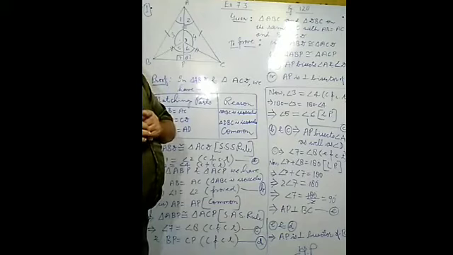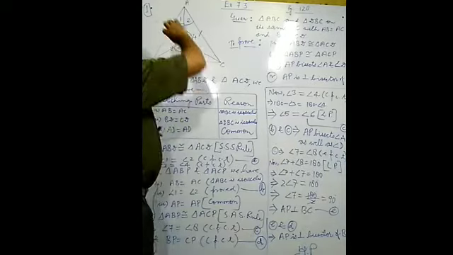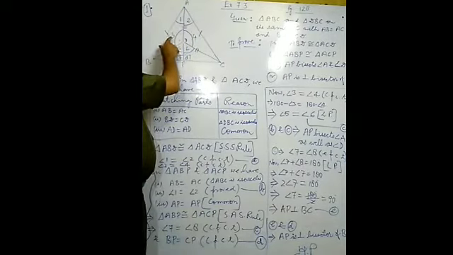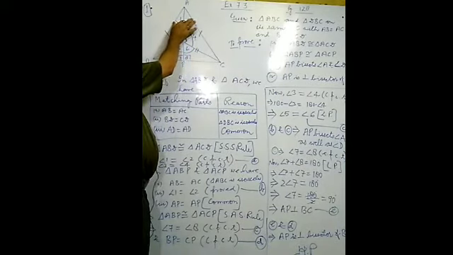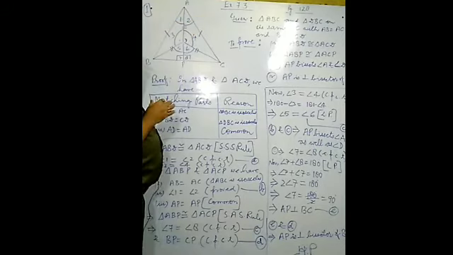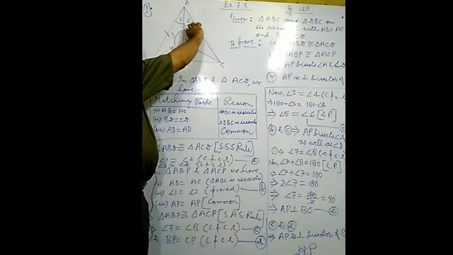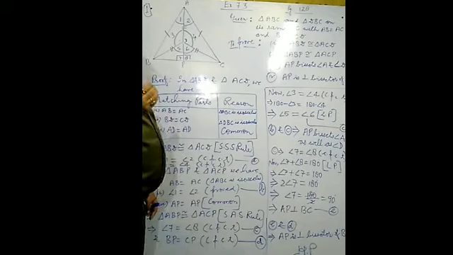On the basis of congruency of the triangles, we can prove that this upper angle 1 equals this angle 2, because this triangle is congruent to this one. Therefore, by CPCT, angle 1 equals angle 2. Again, by CPCT, this angle 3 equals this angle 4. Both the angles are equal on the basis of congruency.